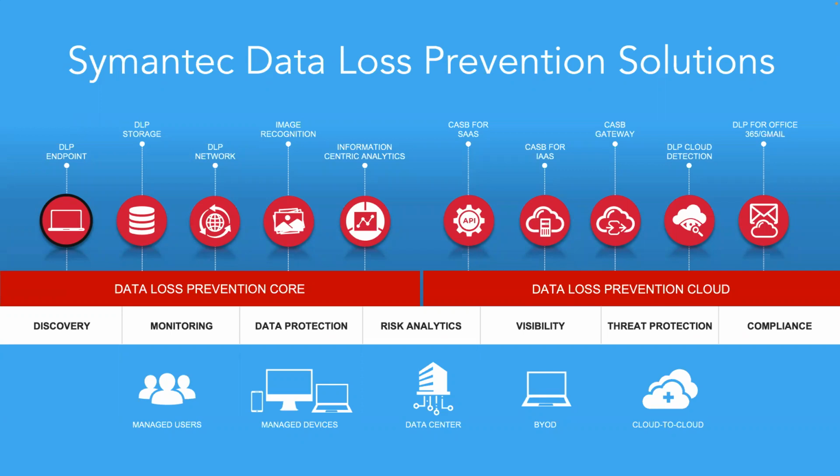On the right-hand side, we've got the DLP cloud prevention, which really is powered by the cloud detection server. And that connects to the CASB offering for SaaS and IaaS, as well as the CASB gateway. And then we also connect into DLP Office 365 for Gmail, and the WSS.